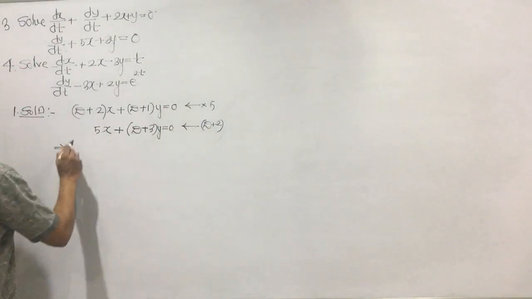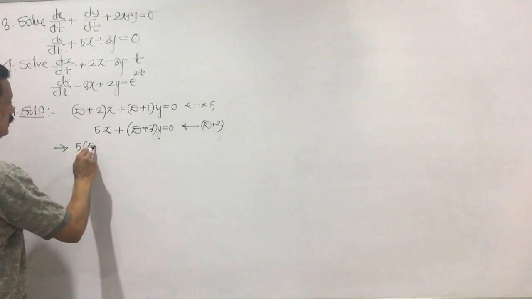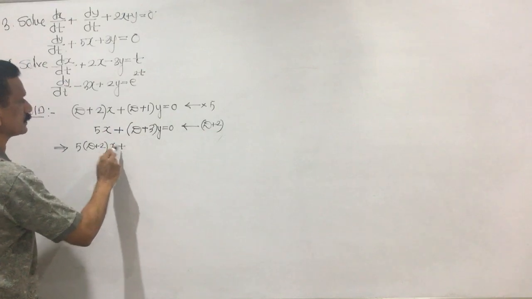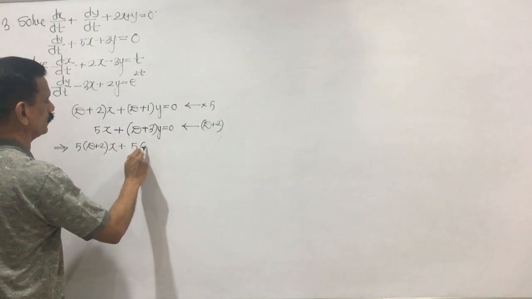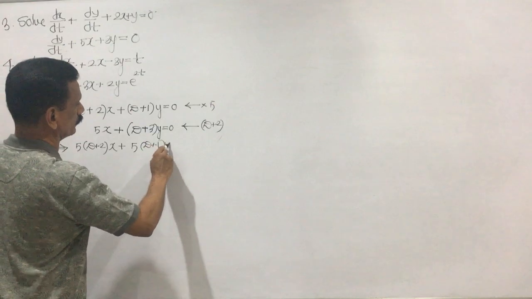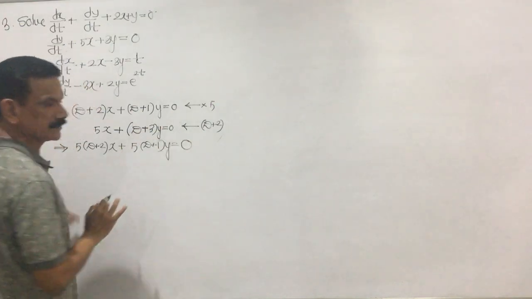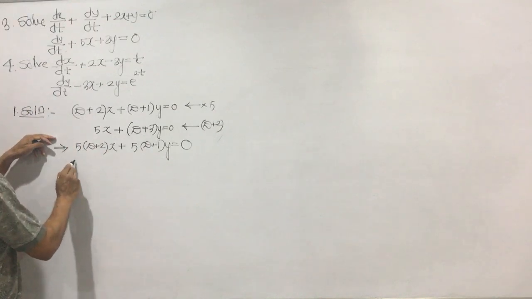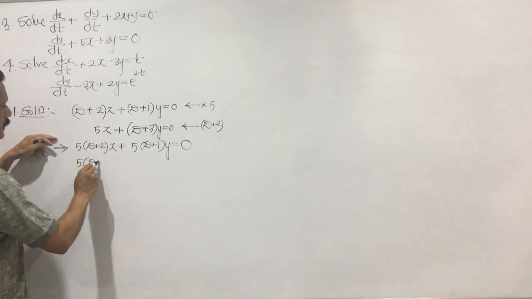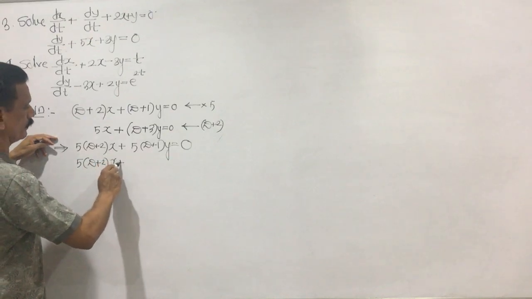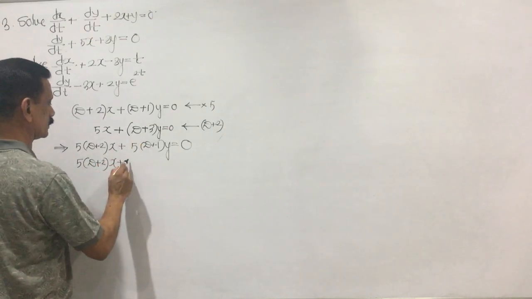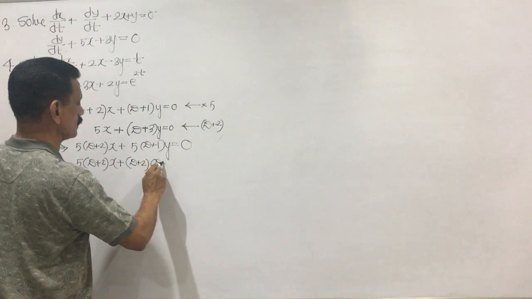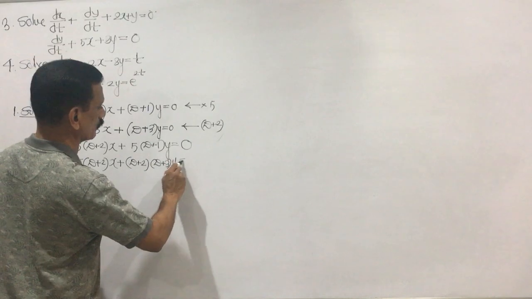So see here what we get. Multiplying 5 into D plus 2 x plus 5 into D plus 1 into y, and 5 into 0 is 0. After that this is multiplied by D plus 2, which means 5 into D plus 2 x plus, see here, D plus 2 multiplied term, and this D plus 3 into y is equal to 0.